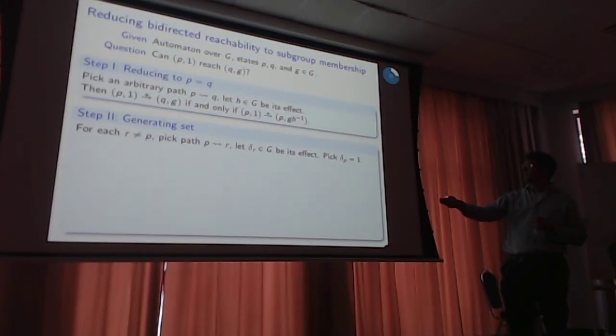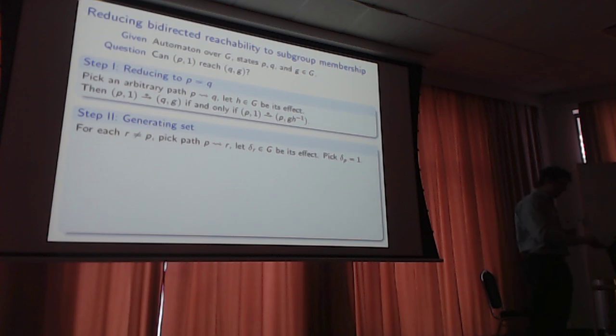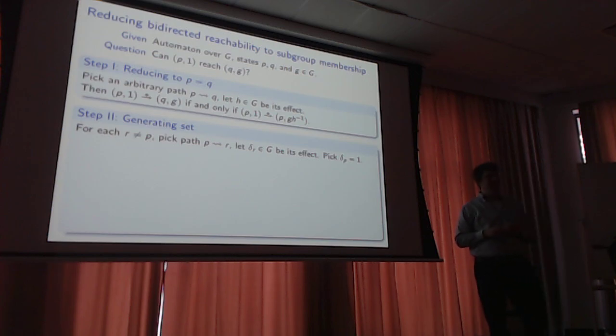To compute this generating set, you need to compute a path from P to R. And for that you use the Reingold result, because you list all the edges, and then for each edge you decide if you take it into your path, and you do it if and only if you could not have reached your state with the edges you already saw before. And I didn't go into the complexity.